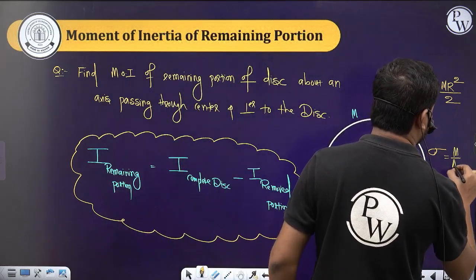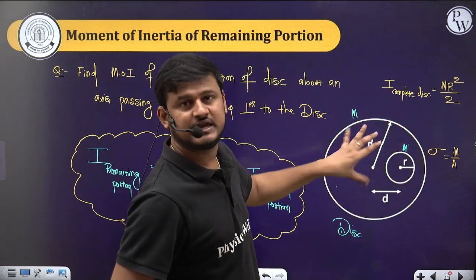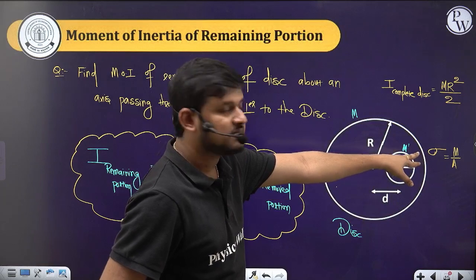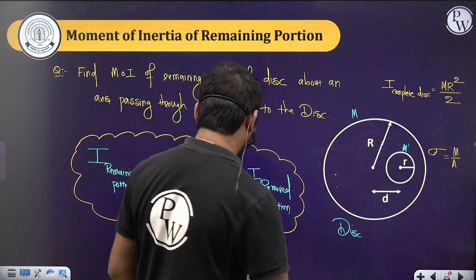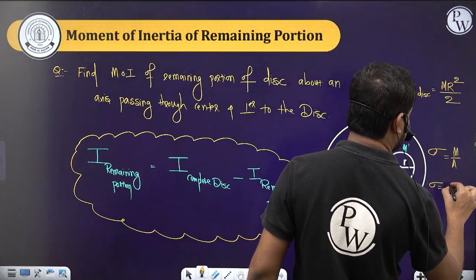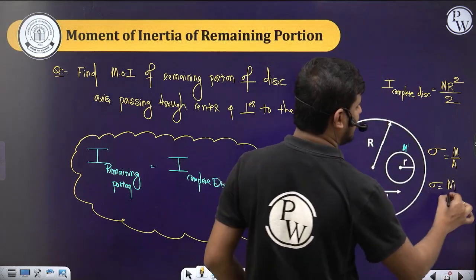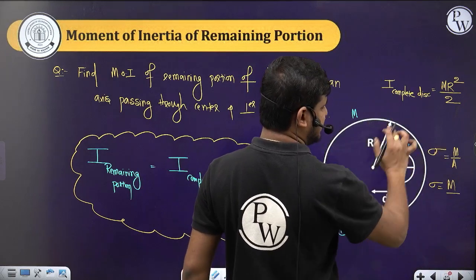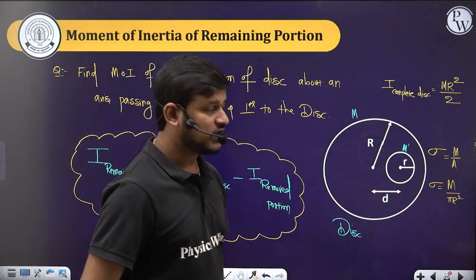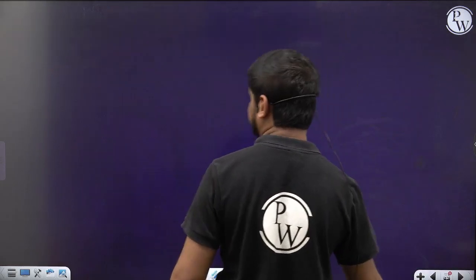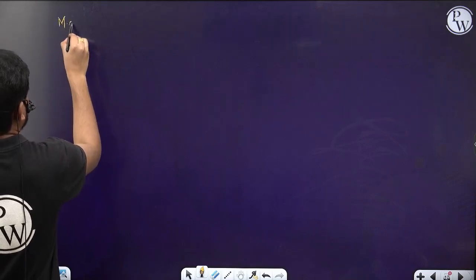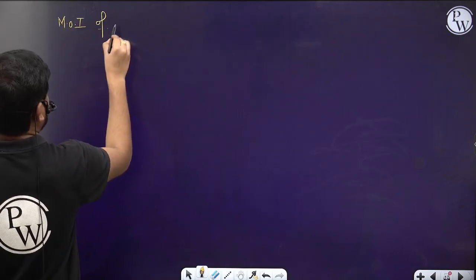So sigma is equal to mass upon area; the whole disk has mass m and radius r, so its area is pi r square. Now come to the next part: how do we find the moment of inertia of the removed part?